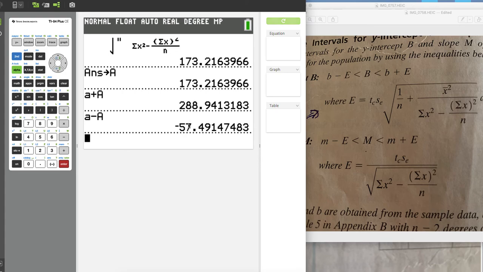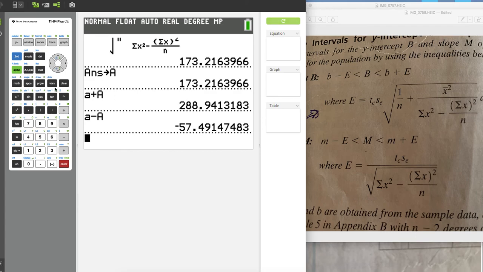Okay, so this is our range. This is what this would equal, and this 288, that's what this would equal. Our intercept minus, this was our E value from this equation. So this is our confidence interval. We're 95% confident that the slope is going to be between negative 57 and positive 288.